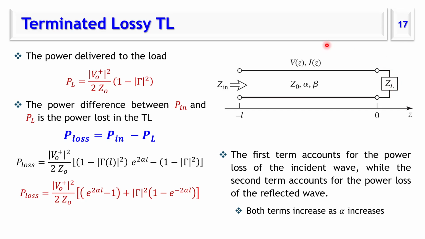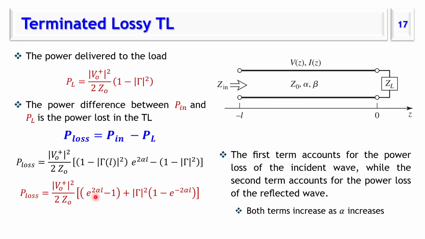Now if we want to calculate the power lost on the transmission line, it's the difference between the power at the input and the power delivered to the load. Some losses will happen, then the remaining will be delivered to the load. The difference between power in and power delivered to the load is the losses. If we just do the math, we'll find that the losses have this expression.